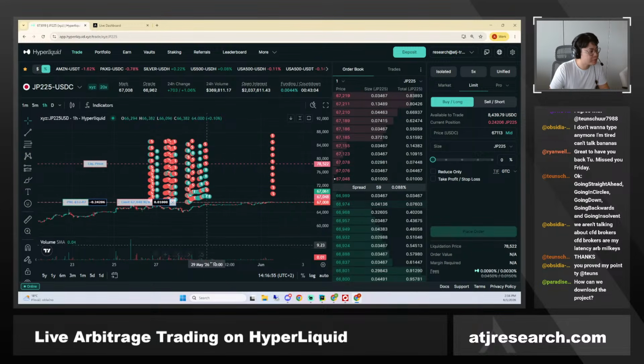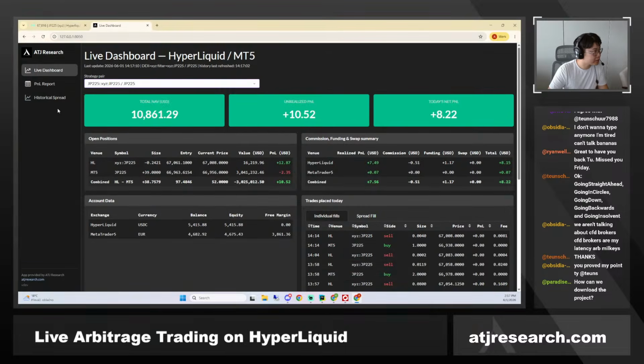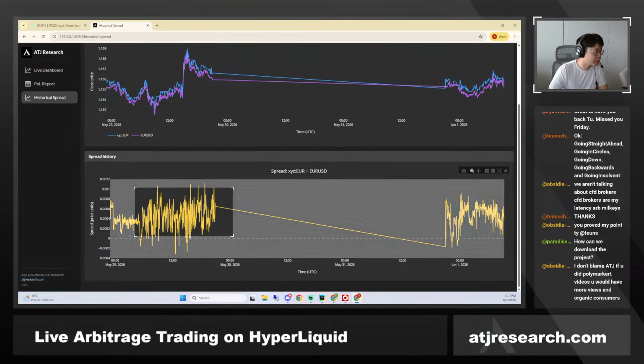There are basically two types of approaches that you can do. You can look for high funding rates and hold this trade for many hours or even days, or you can look at an asset that has high liquidity, good spread volatility, and just scalp the spread up and down, sort of like Euro USD here, right?